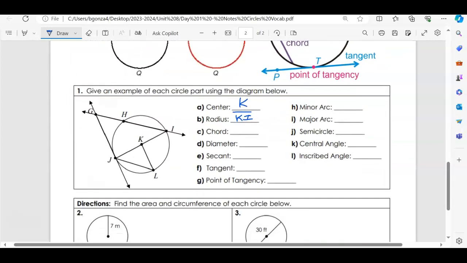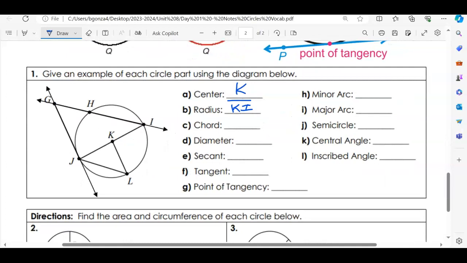So looking at this picture, what 2 points are on the edge that are connected by a segment? Okay, so I to H is technically, if you forget about that it keeps going, a chord. J to L is a chord. Also, J to I is a chord. It goes to the center, but it's still technically called a chord, right?